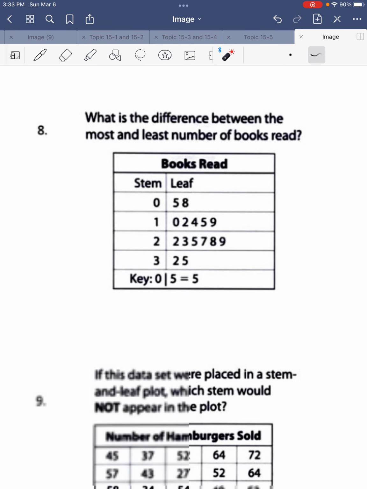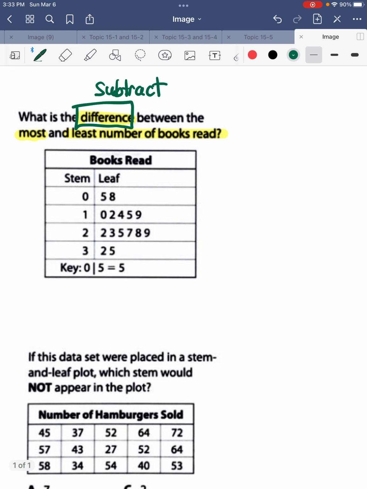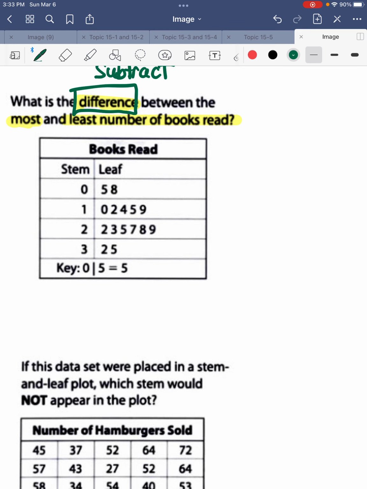For 8, it says, what is the difference between the most and least number of books read? So my keyword here is difference. I'm going to subtract between the most and least. So my most, remember, 0, 5 means I have 5. 0, 8 means I just have 8. 1 and 0 means I have 10. 1 and 2 means I have 12.